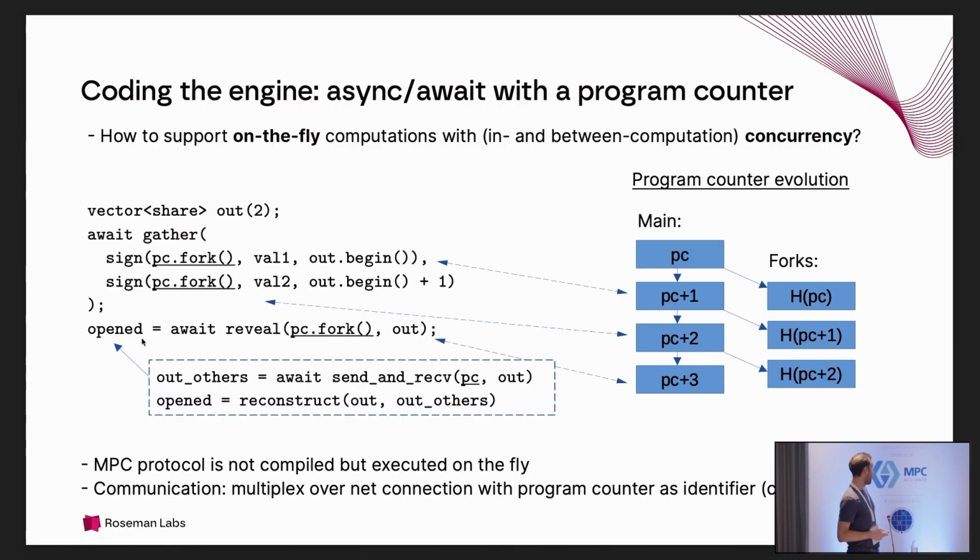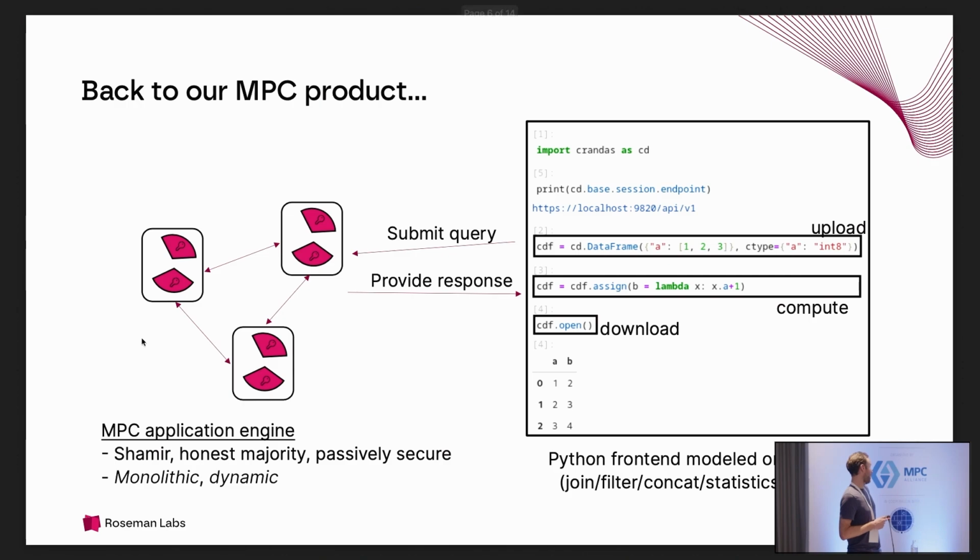So that at a very high level is how you can code such a monolithic engine that can do many, many things at the same time, while allowing the interaction that you need for multi-party computation. So if we go back to our MPC product, really that's how it works. We have an HTTP endpoint.